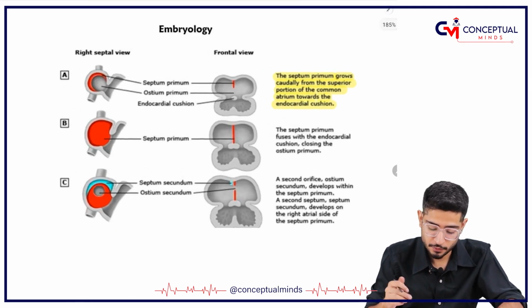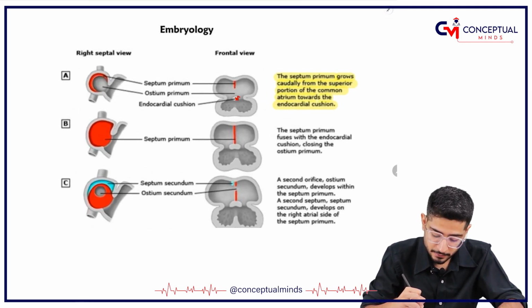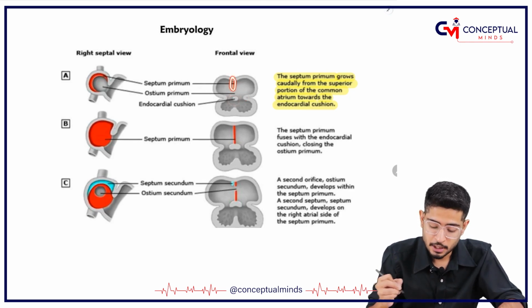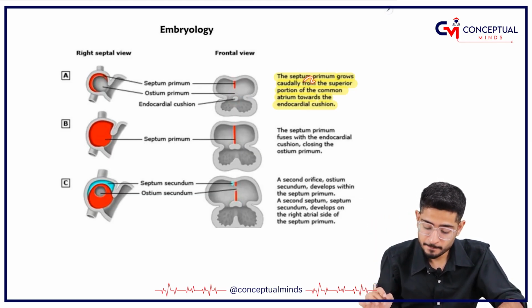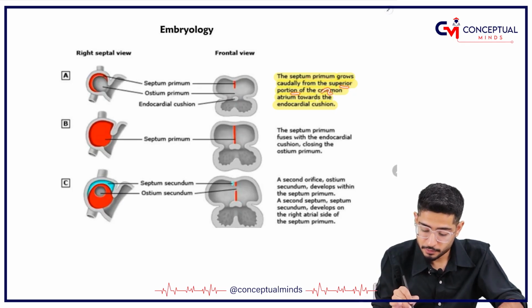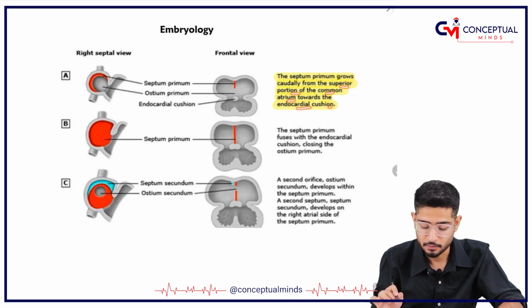This is the endocardial cushion, and there is a septum which grows towards it.